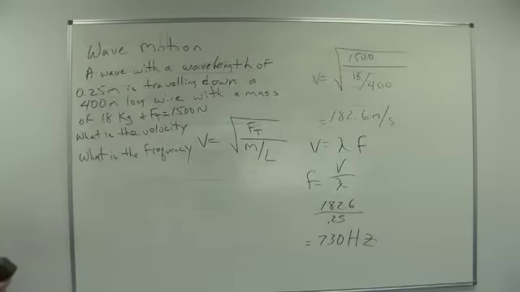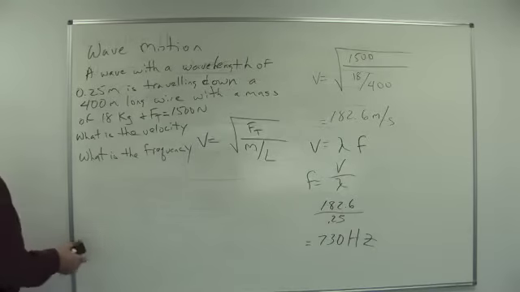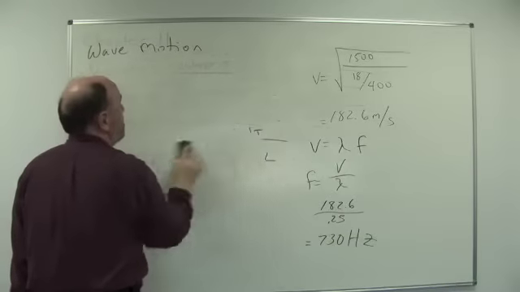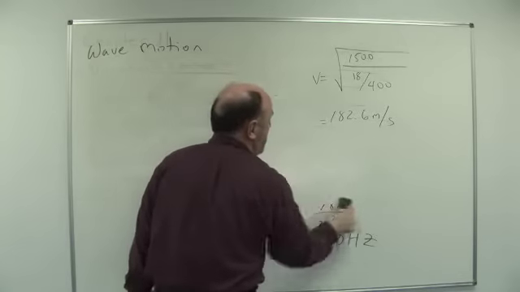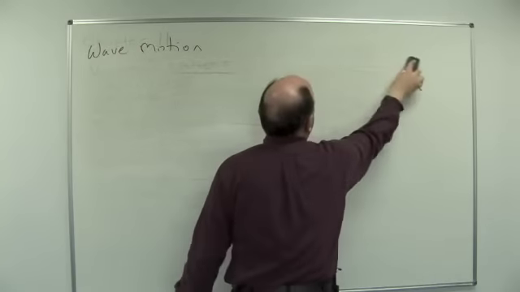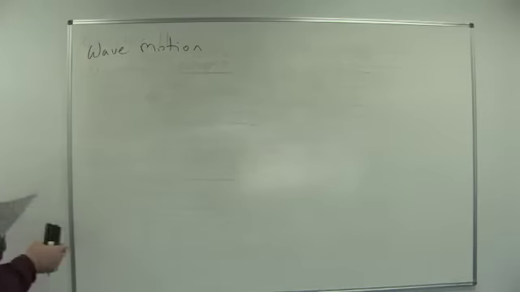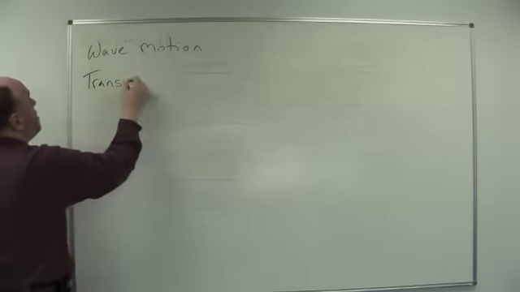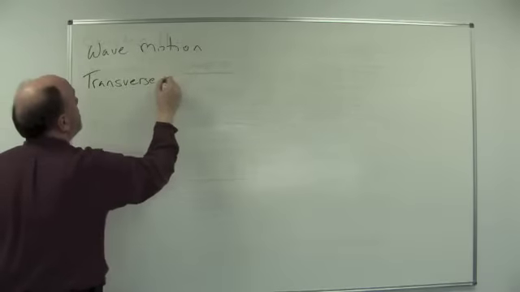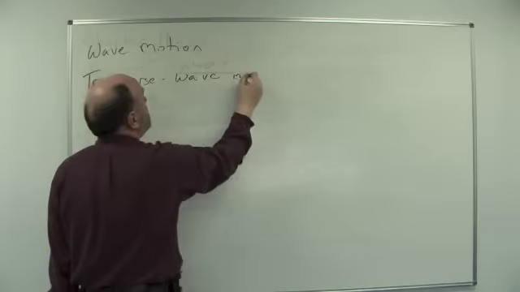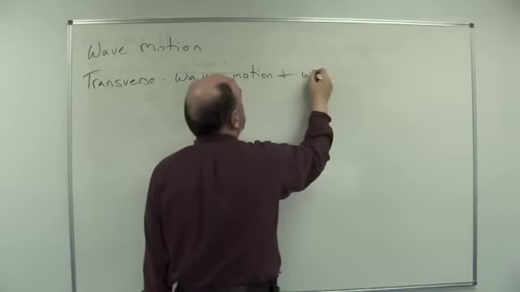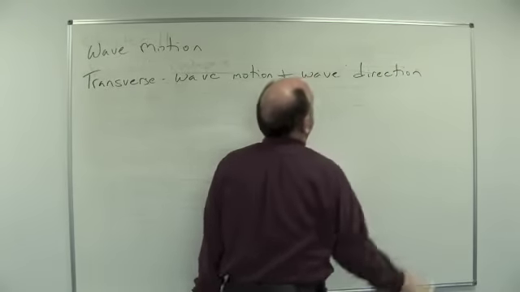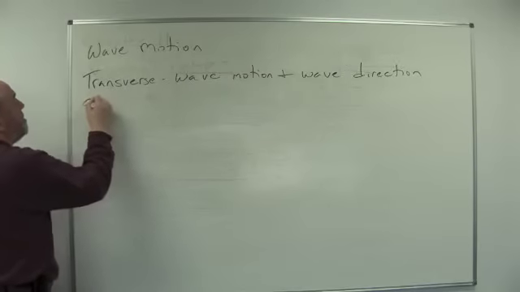Well, in terms of waves and how waves move, there are two types of wave motion. Those two types are transverse and longitudinal. The first type is a transverse wave. Here you have that the wave motion and wave direction are perpendicular to each other.